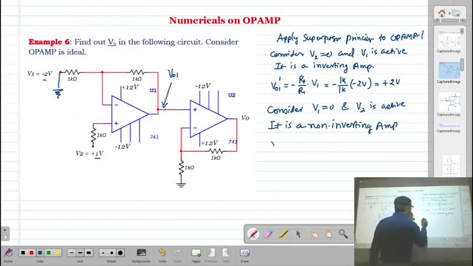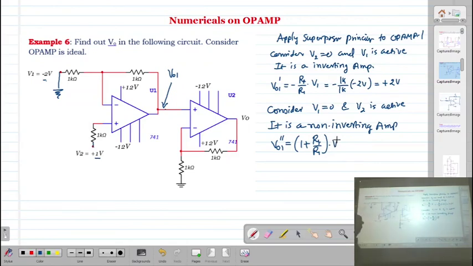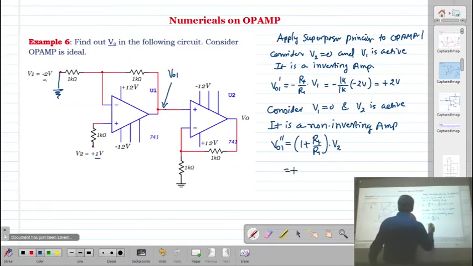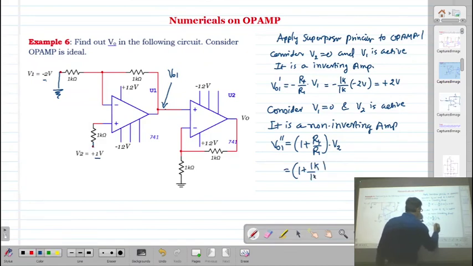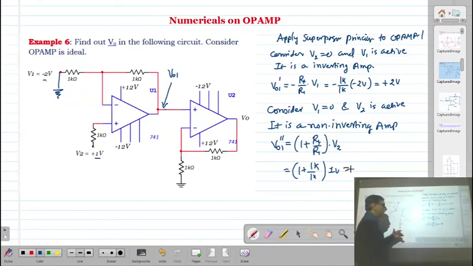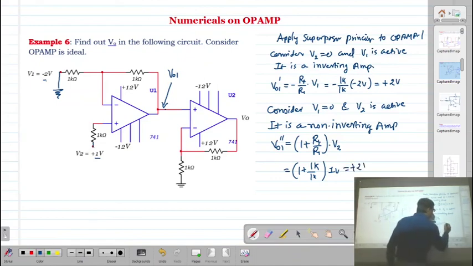And for a non-inverting amplifier, we can write the output voltage as 1 plus RF by R1 into the input voltage. And that input voltage means it is my V2. Correct? So this is 1 plus 1K by 1K, and the input voltage is given as 1 volt. So 1 by 1, and then again it comes out to be plus 2 volt.